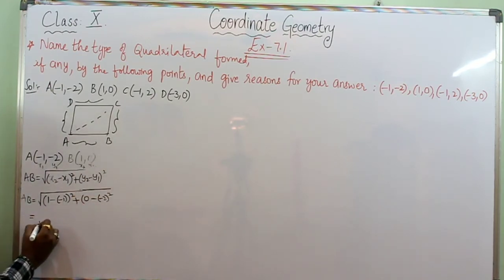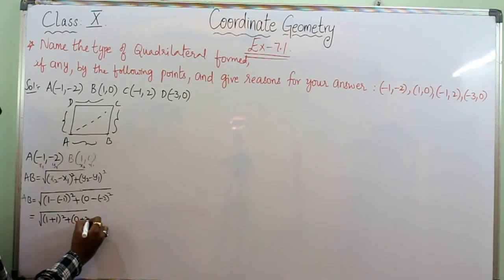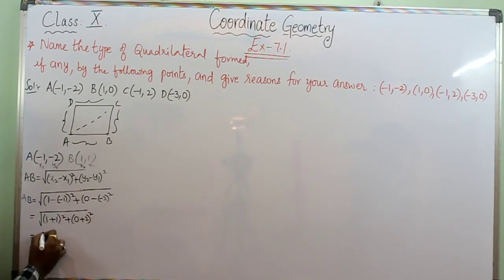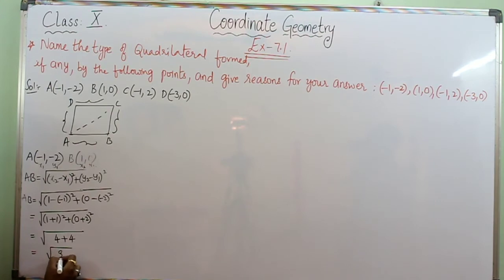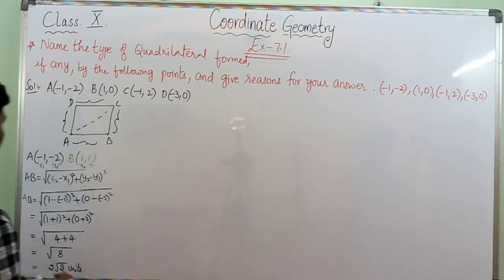This implies square root of (1 plus 1) whole square plus (0 plus 2) whole square. 1 plus 1 is 2, 2 square is 4, plus 2 square is 4, which is equal to square root of 8, which you can write as 2 root 2 units. Now we got the first one, that is AB.